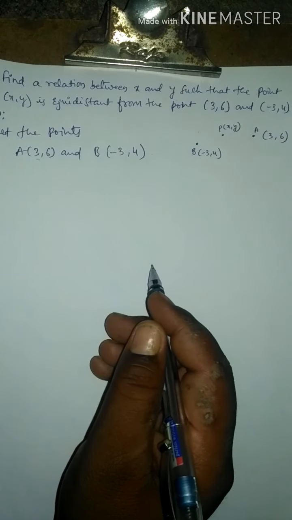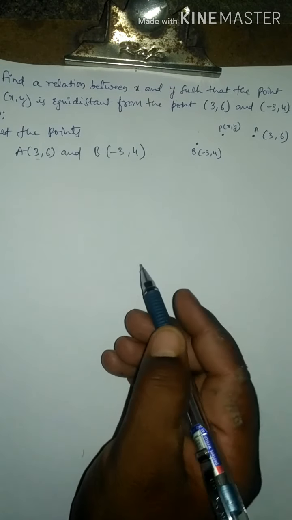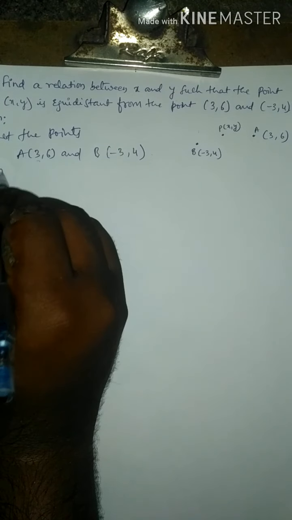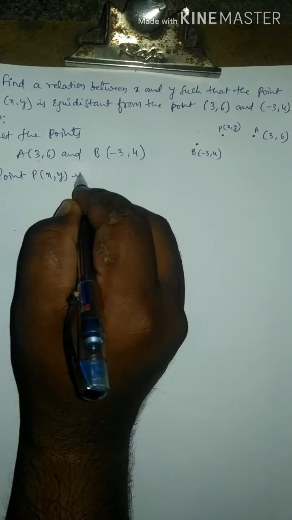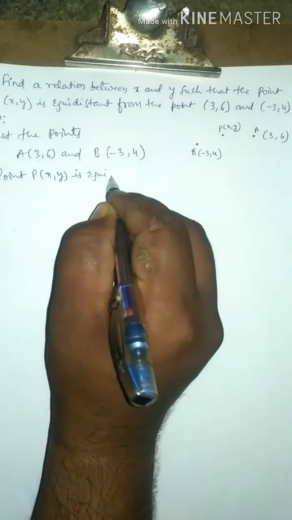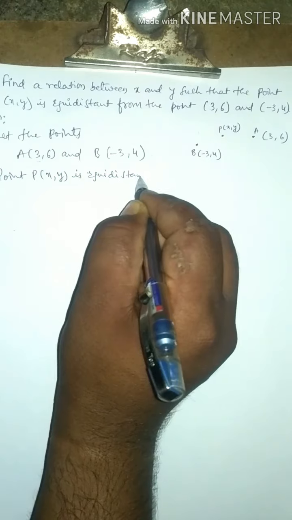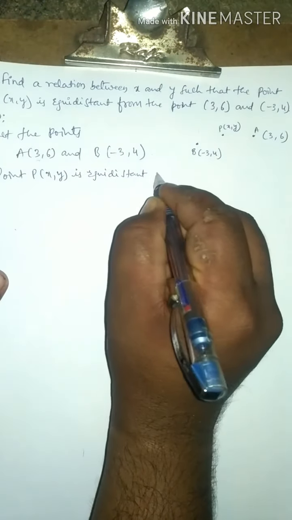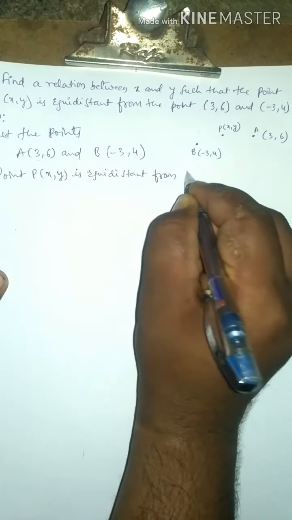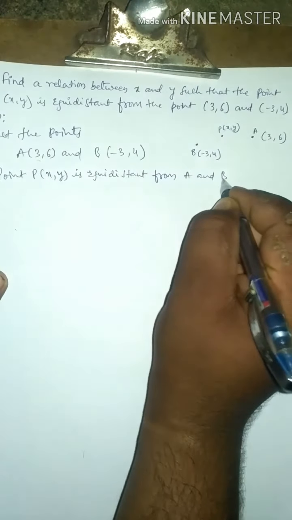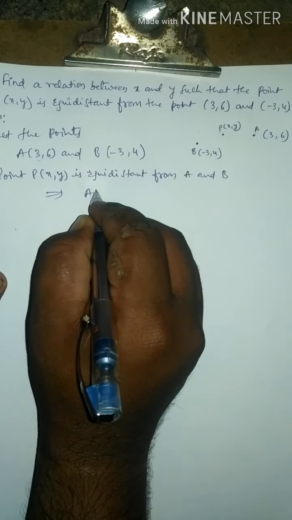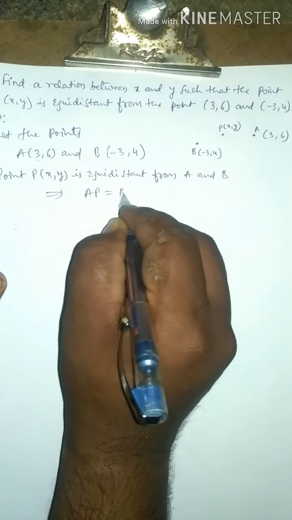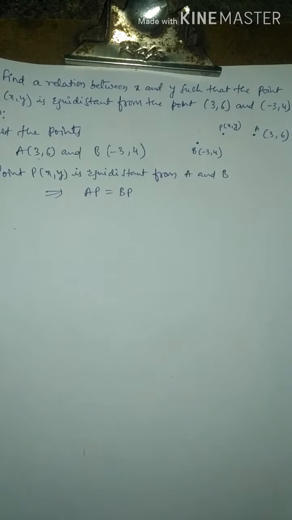Right. Now here point P of x, y is equidistant from A and B, which implies AP is equal to BP. So we have to find the relation between x and y in this problem.